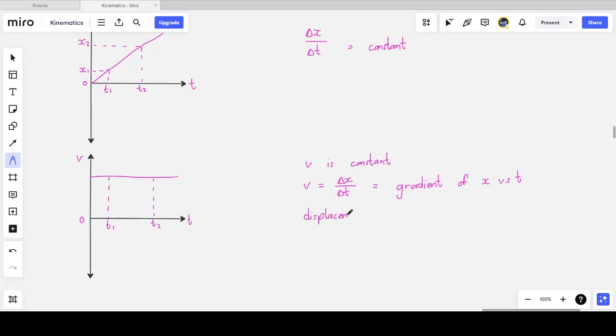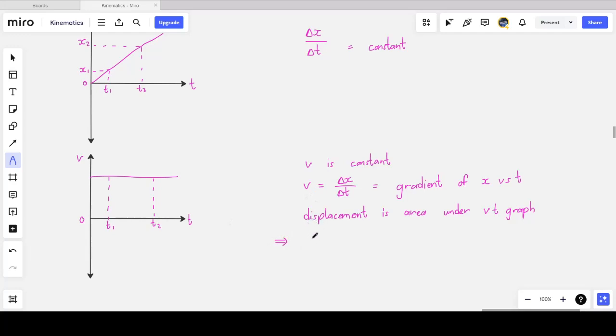The reason why I've labeled my points x1 and x2 and t1 and t2 is because if I wanted the displacement covered by this object between times t1 and t2, then the displacement is the area under the vt graph, or the area between the velocity and the time axis between times t1 and t2.